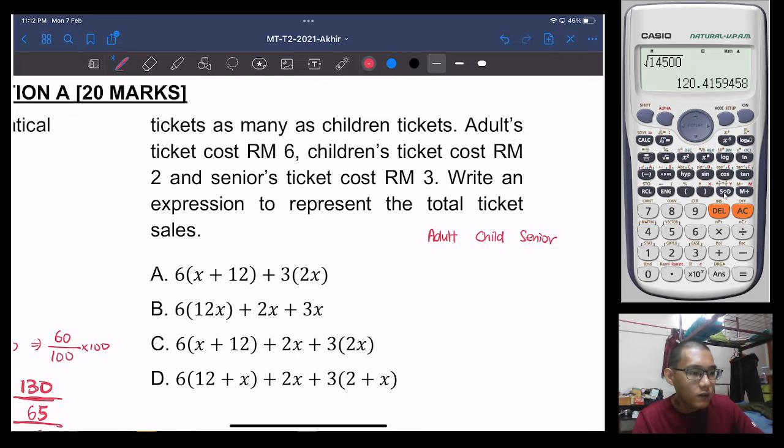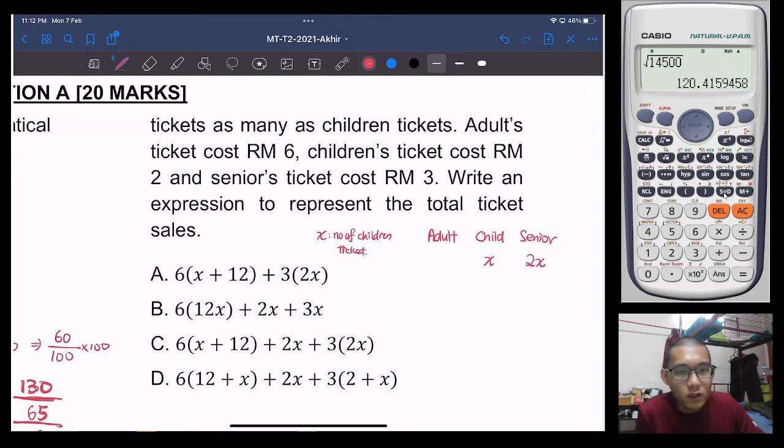That means the number of senior tickets is twice the children tickets, so we have 2x here. So senior has 2x, children has x, where x represents the number of children tickets.